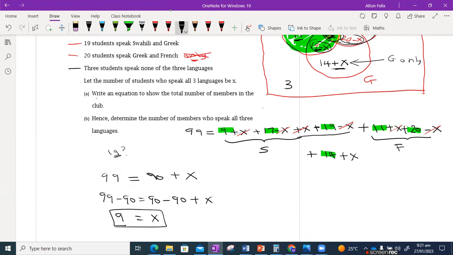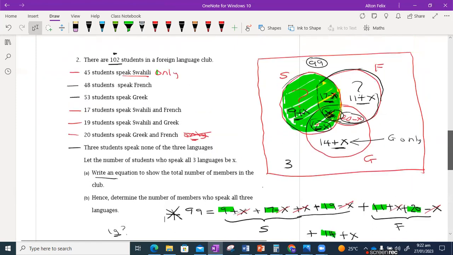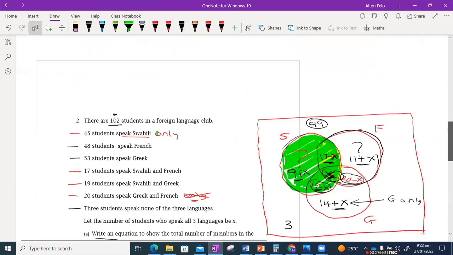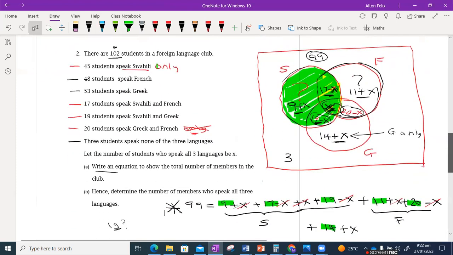The first part, write an equation, will be this portion here. And then they say, hence determine the number of students who speak all three languages. All three languages were represented by x. And of course, in order to do that, we had to solve our equation.